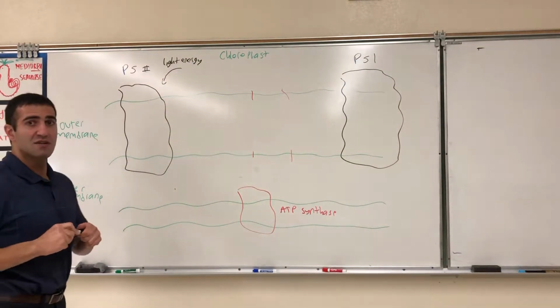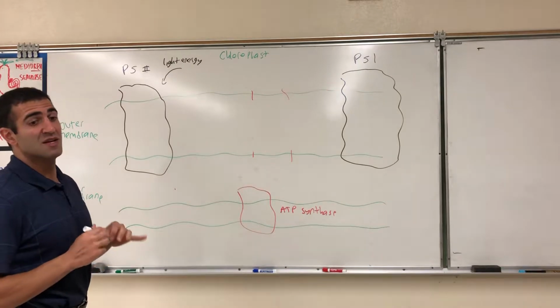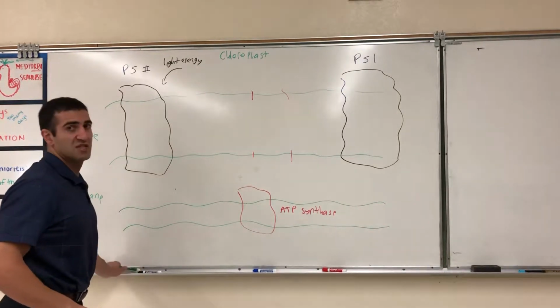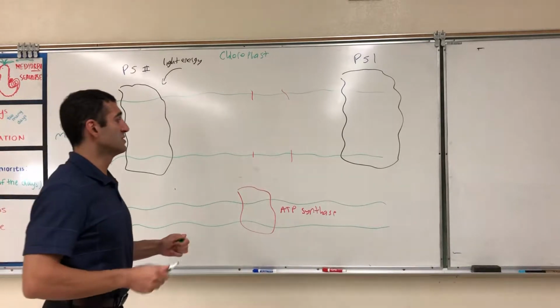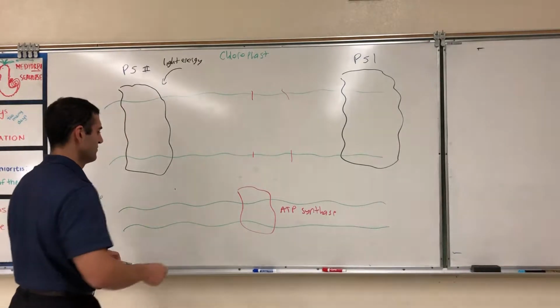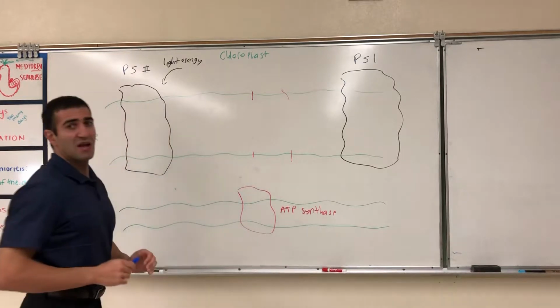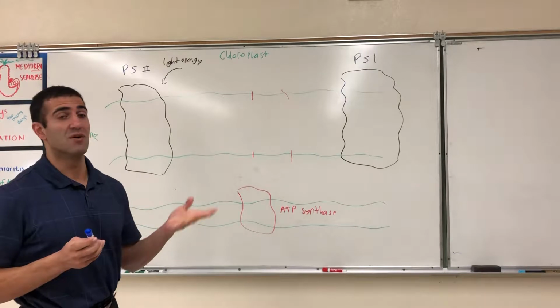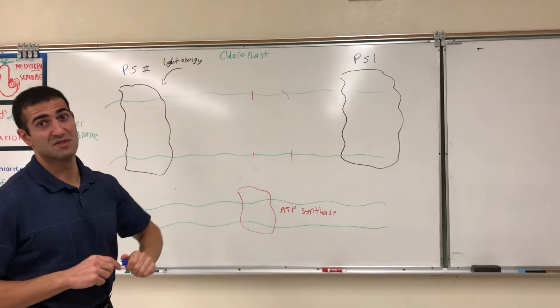Now this is done by a series of pigments, mainly chlorophyll, which not to draw too much in green, I'm going to go ahead and draw it in blue. And chlorophyll's job is to absorb light from the outside environment.